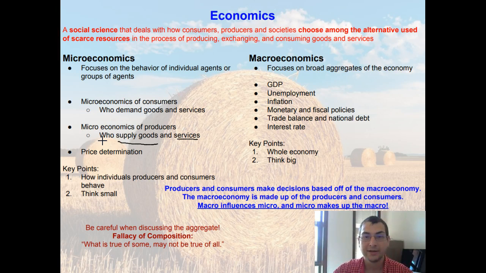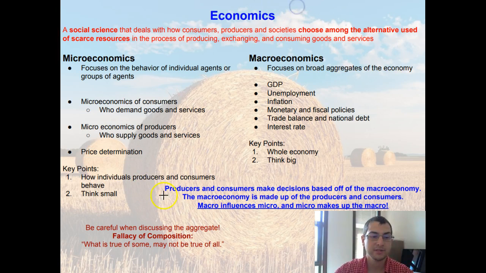Or it might be, how does this individual firm increase their sales? The key words whenever you're hearing this are that it's looking at individual producers. Under microeconomics, you also get into what's known as price determination, looking at how markets interact, how buyers and sellers interact in order to determine the market price of a good. So microeconomics also deals with price determination.